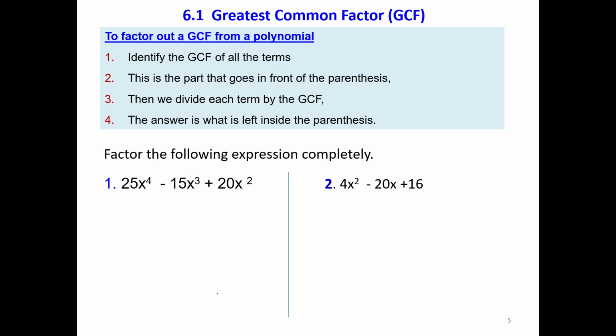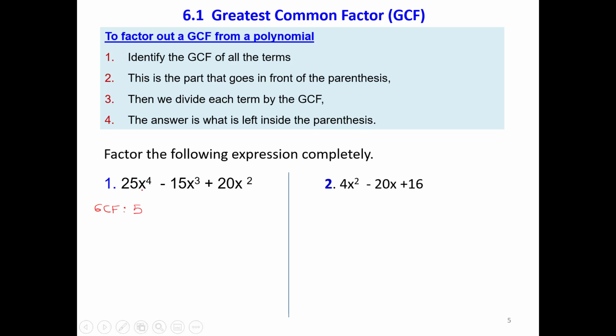polynomials. Then step number 1 is we need to identify the greatest common factor for the numbers and the variables. Here it is easier to identify the greatest common factor is 5, because we can divide 25 by 5 is 5, 15 divided by 5 is 3, 20 divided by 5 is 4. And this is the greatest common factor for the numbers. Let's write here the greatest common factor is 5.